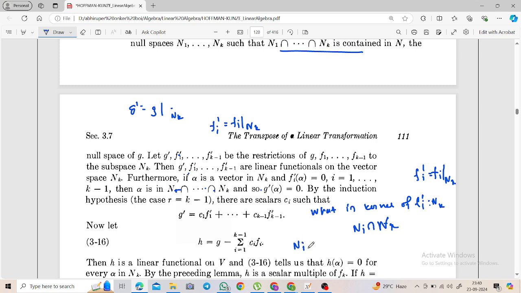So N1 intersection Nk up to N(k-1) intersection Nk. This is nothing but N1 up to Nk intersection, right? So this thing is in N, as this thing is in N.